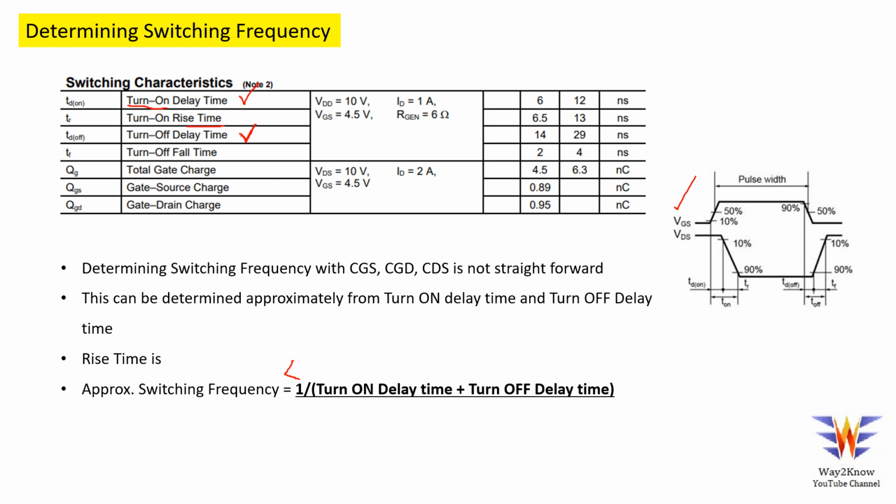From this calculation, negate 10% because we are considering only up to 90%, and there is one more 10% which is not considered. So we can negate approximately 10% from what we have calculated and consider that as the maximum operation, which would give an approximate idea of the frequency at which this can be used.